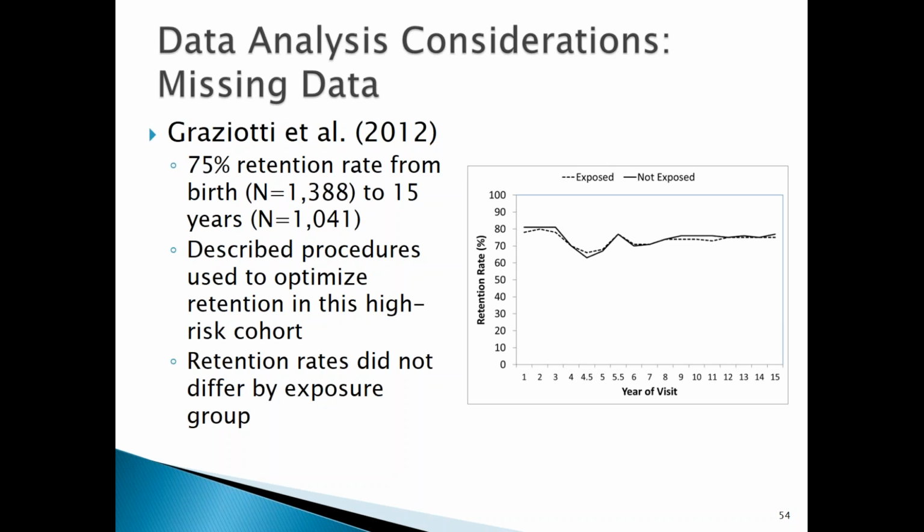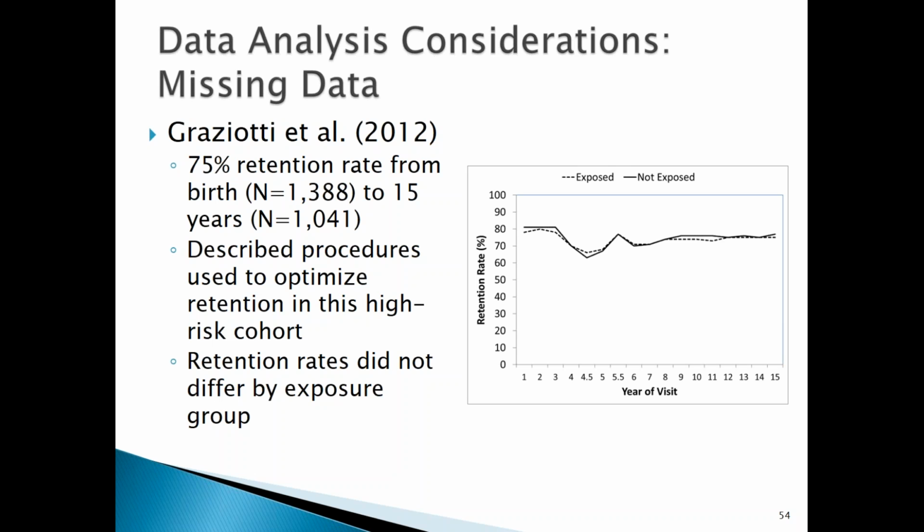On a positive note, I did want to mention one of our studies where we looked at retention rates. This paper was specifically focused on all of the efforts that went into retaining the sample for use by others that would be conducting longitudinal studies. We looked at retention rates over time, and we saw a 75% retention rate from birth all the way to 15 years, which is where this paper was done.